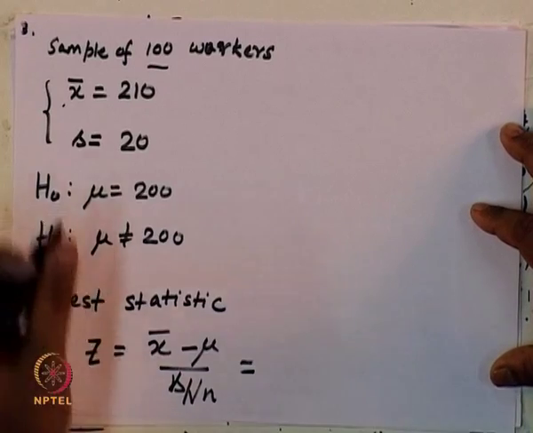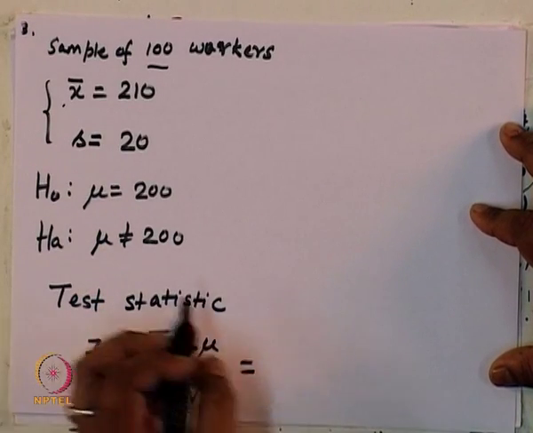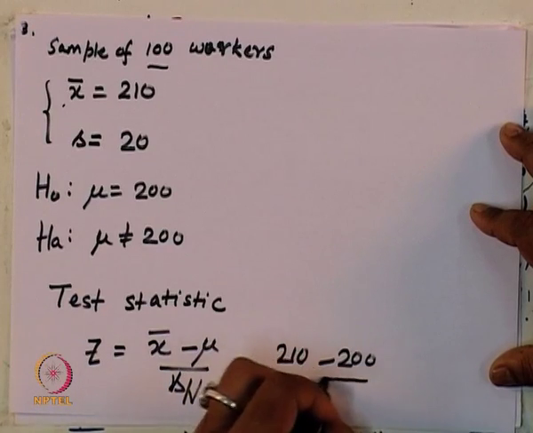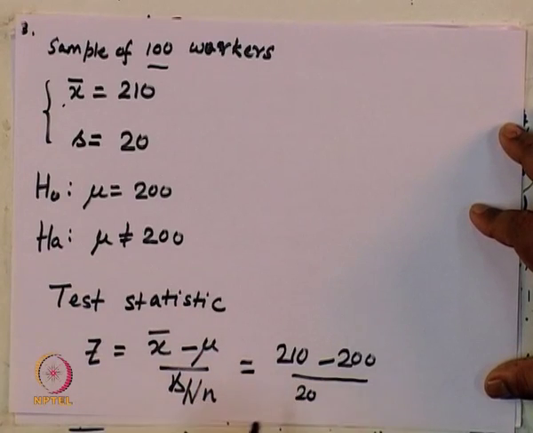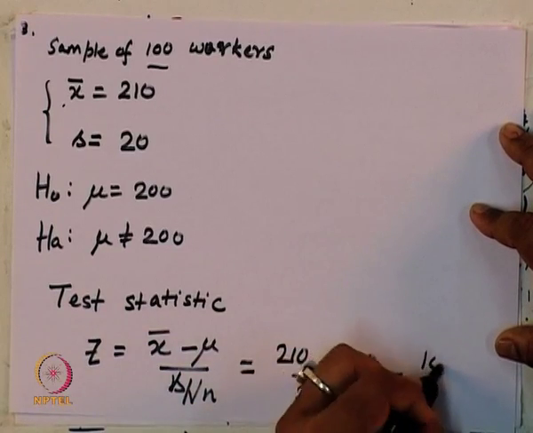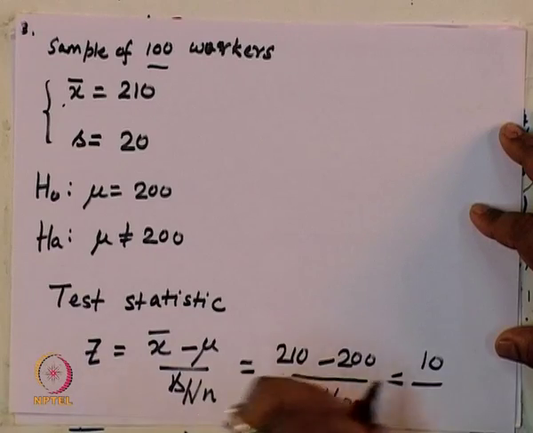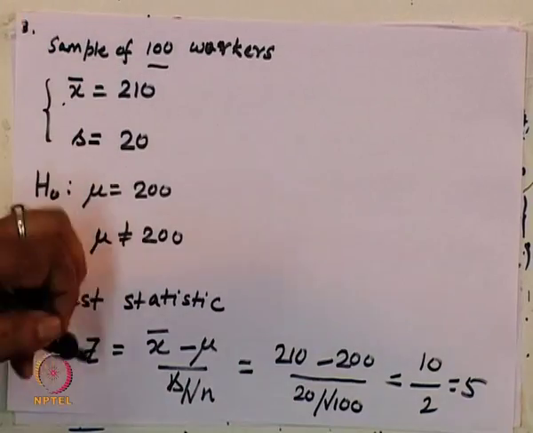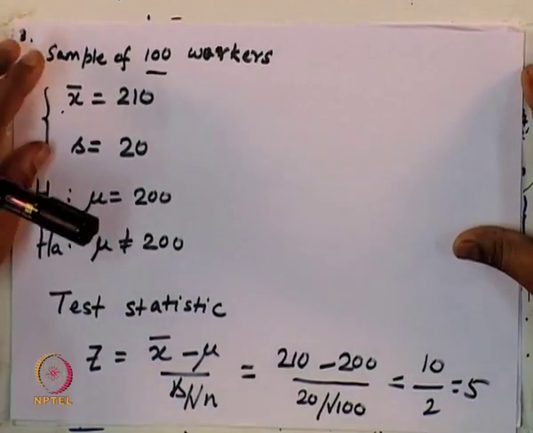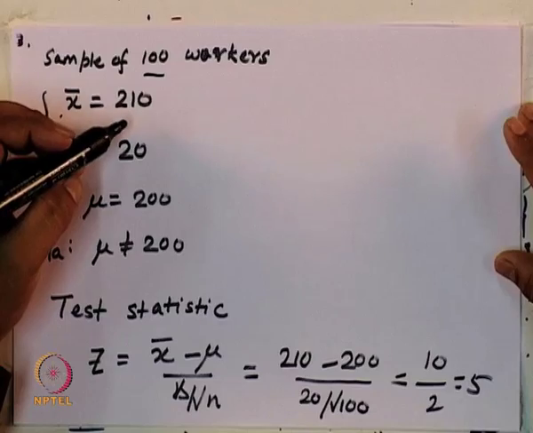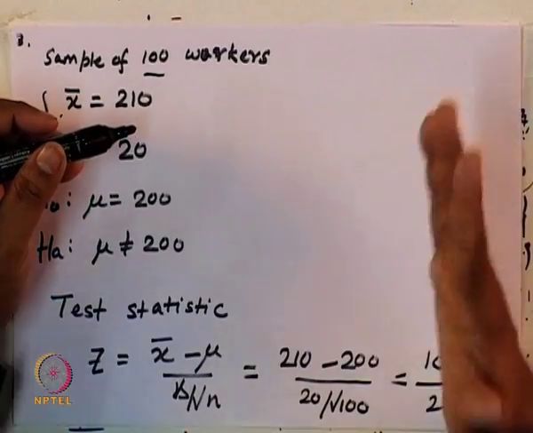So, x bar is 210 minus mu is 200, divided by s is 20 over root of 100. So, you get 10 divided by 2, equal to 5. The test statistic z gives me a value of 5. In other words, the value that I obtained is 5 standard deviations away from the mean.